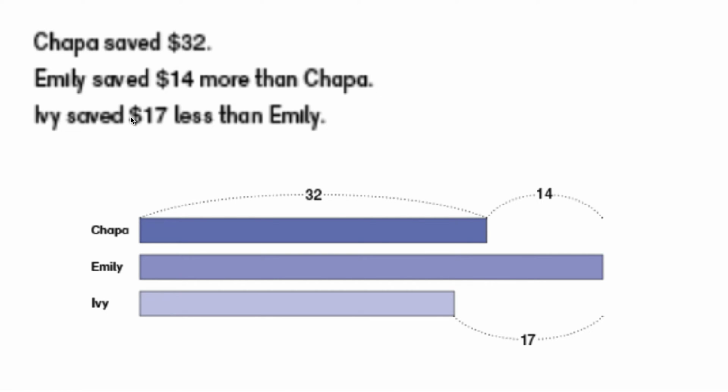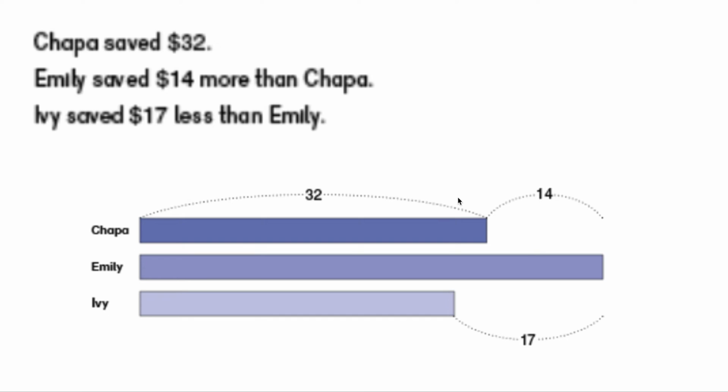And Ivy saved $17 less than Emily, so from Emily's you can subtract 17. So this bar model shows that Emily's should be 32 plus 14, which is what? 46? Yes.